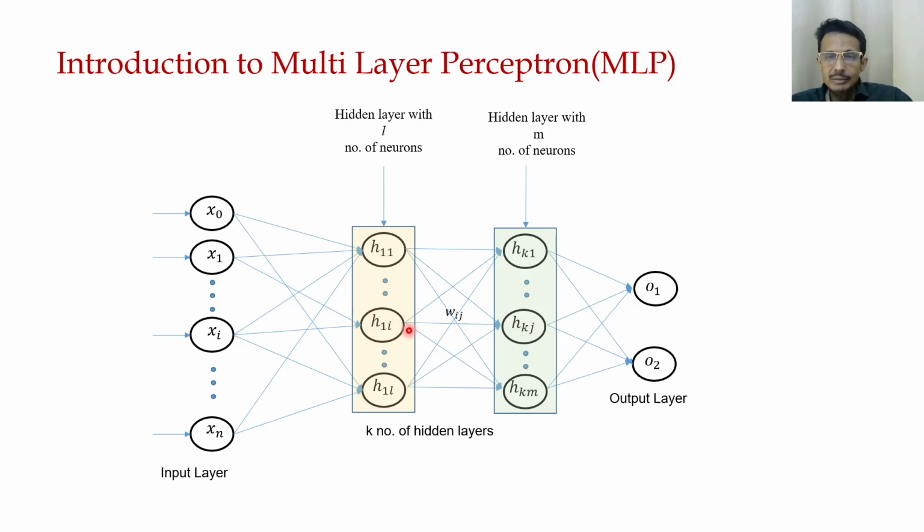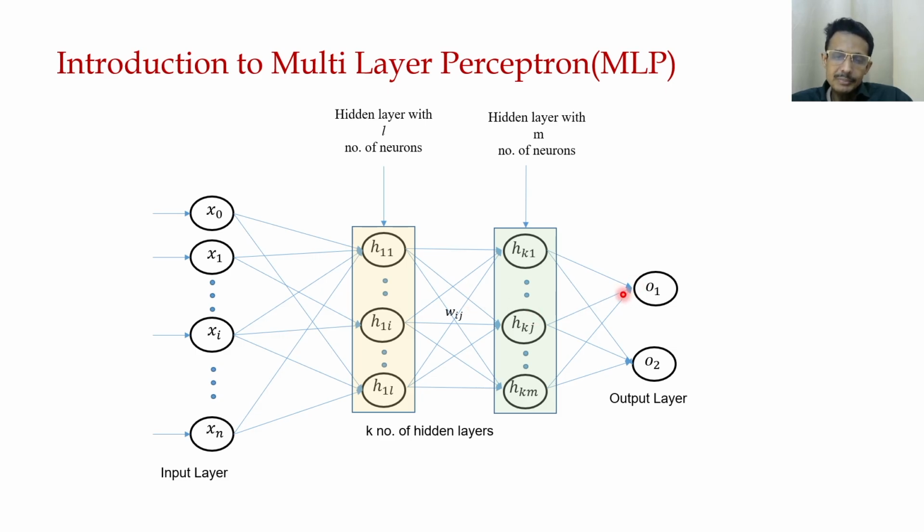From the ith neuron to the jth neuron of the next layer, the corresponding weight is W_ij. This weight is associated with this connection, and so on up to the output layer.